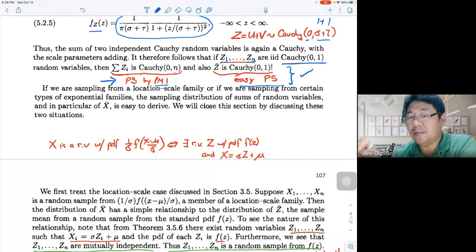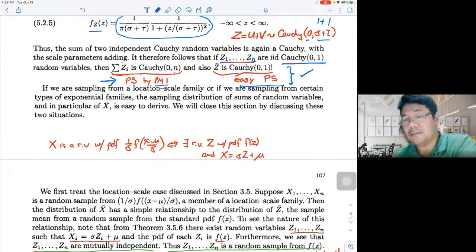Sabi ko sa inyo, mas mahaba itong chapter 5, and then somehow we have quite harder concepts here that we must learn. And then lastly, kung makakaya pa rin sa time natin, we have what we call the methods of generating a random sample. I already discussed this.